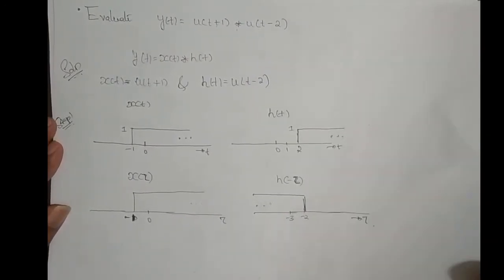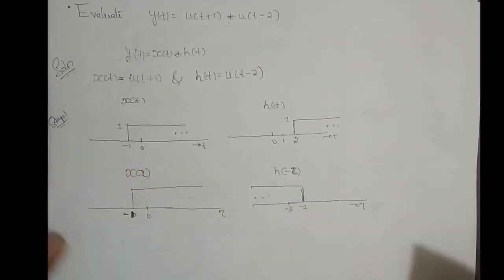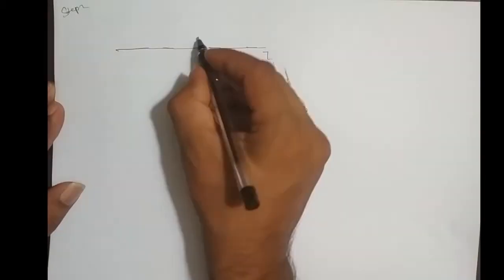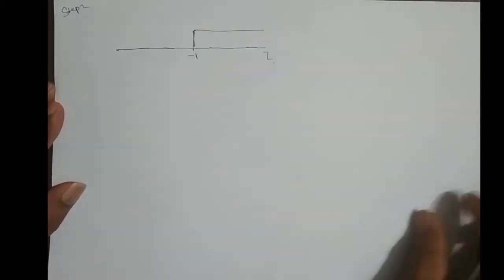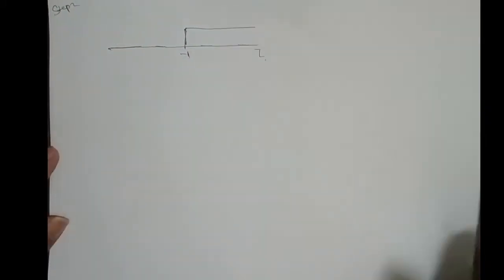So what is the next step? Next step is to bring both the signals in a single independent variable, which is tau. So step 2, you have to bring both the signals in the same independent variable tau. What was x of tau? It started from minus 1, and you just put h of minus tau just before x of tau.